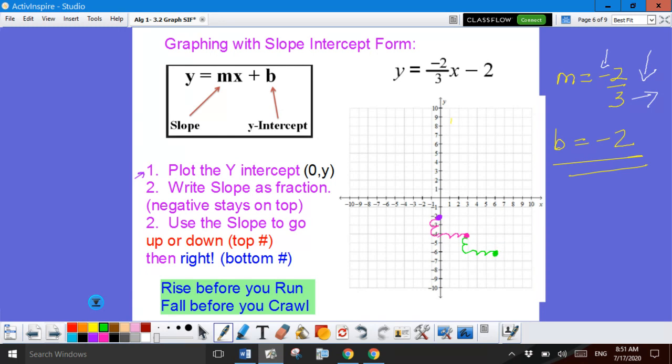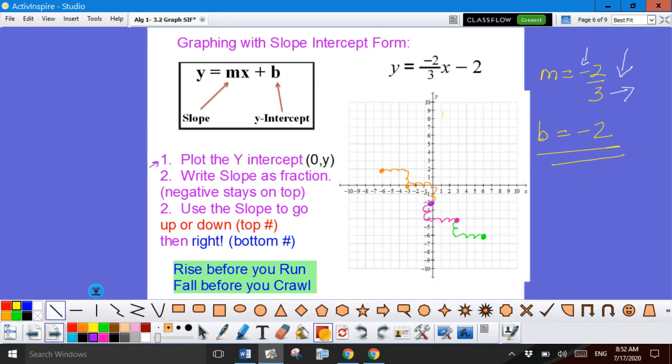And I can actually work the opposite direction and come up with my line. So my line is coming right through here.